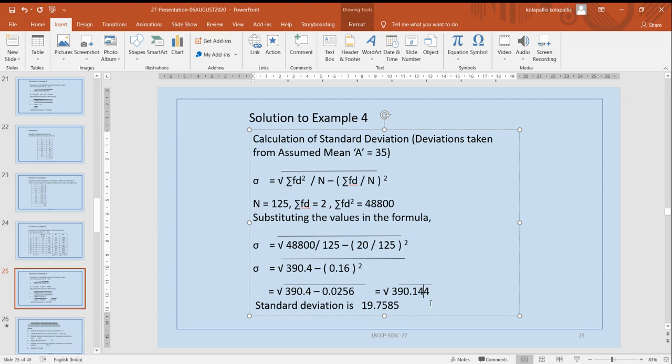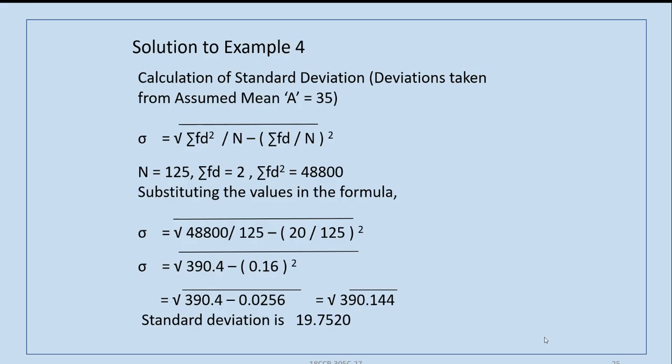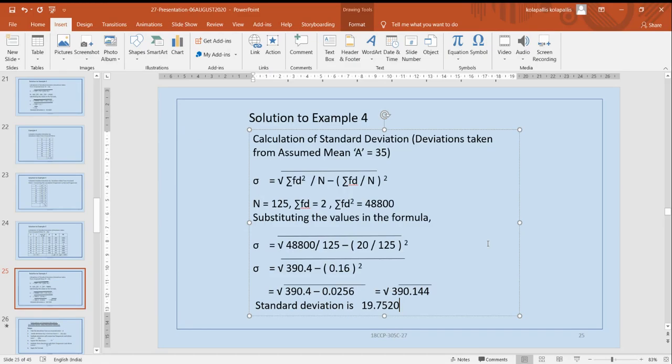Then the square root of this is 19.75, about 19.752. This is the answer, right? Sorry, the calculation was wrong earlier. Now I have corrected that. Here 20 should be taken.